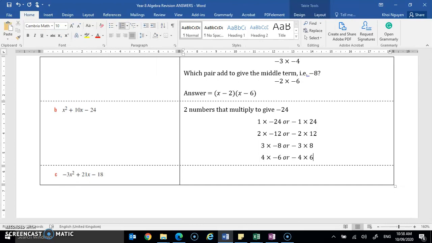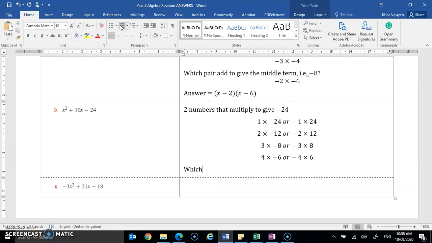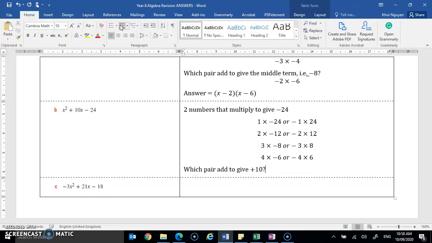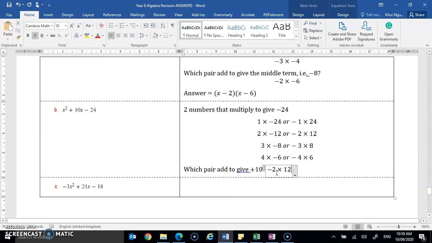So, which pair add to give the middle term? In this case, that is +10. Looking at these 8 pairs here, the one that would give us +10 is -2 and 12.